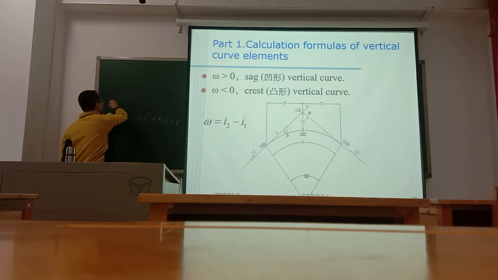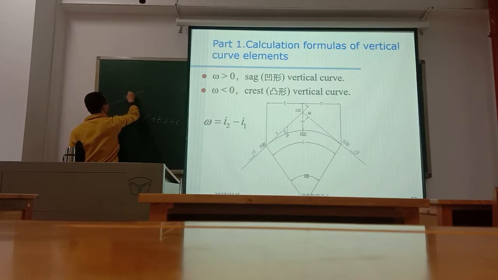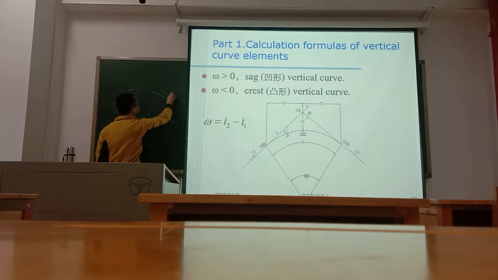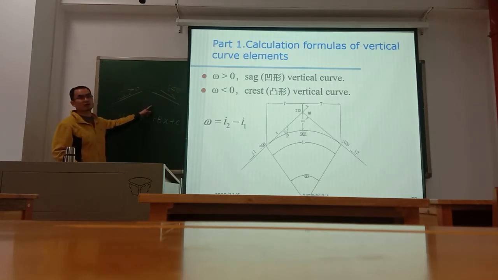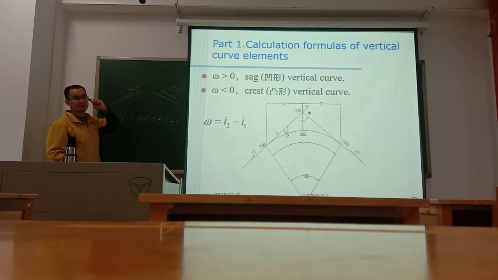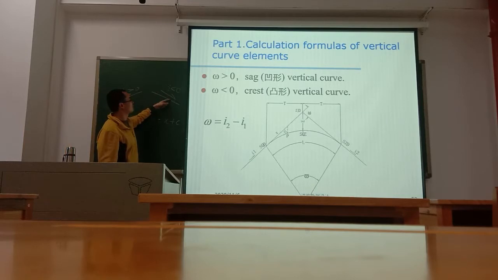Okay, this is the regulation condition. When going up, i is greater than 0. When going down, i is less than 0.